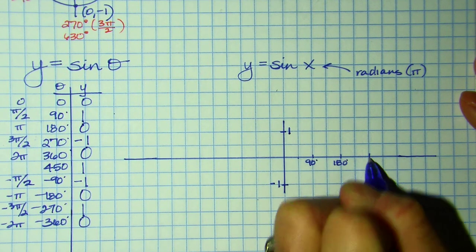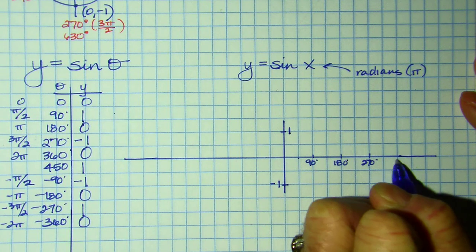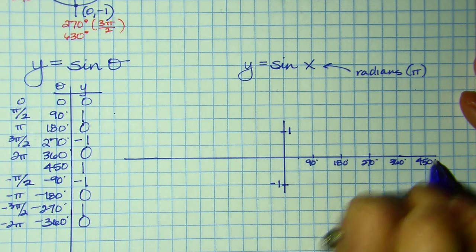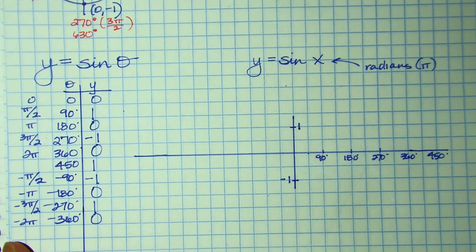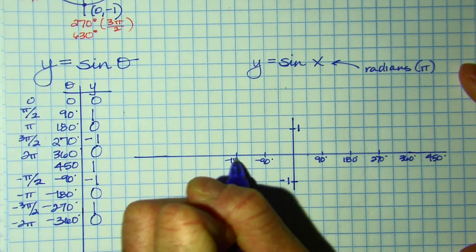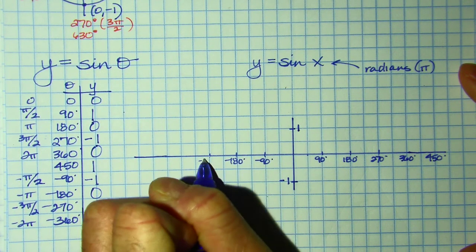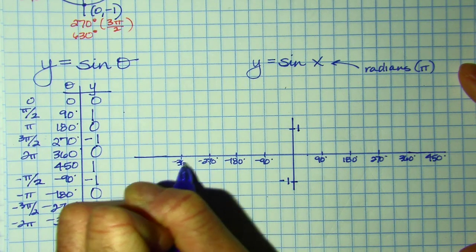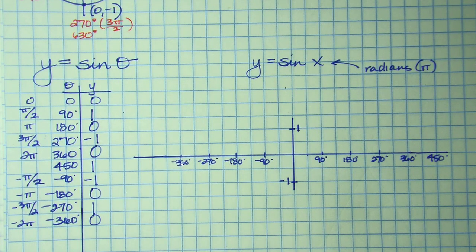So every 2 boxes I'm going 90. 270, 360, and just to show you that this repeats, 450. Okay, now in the opposite direction, this would be negative 90, negative 180, negative 270, negative 360.